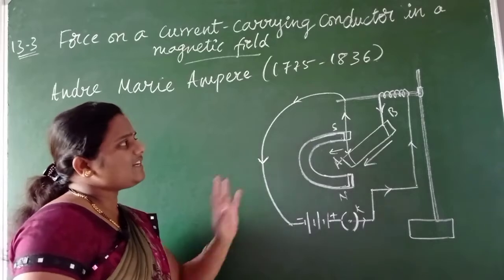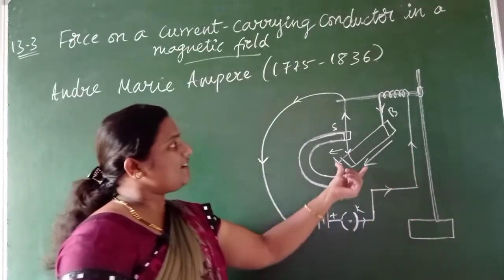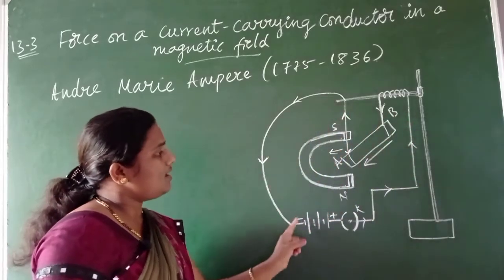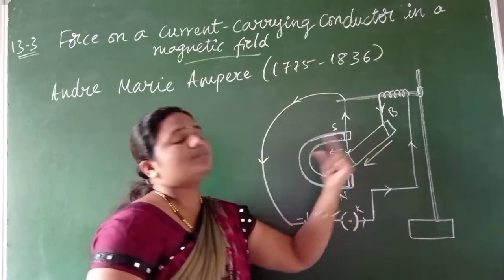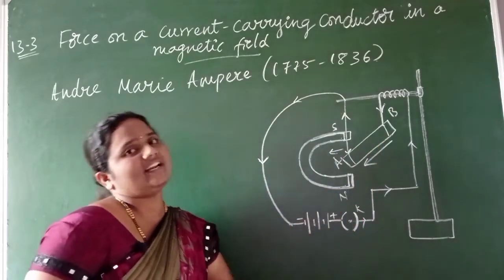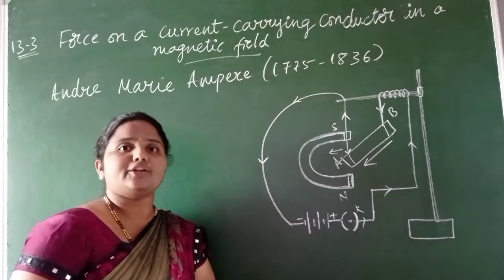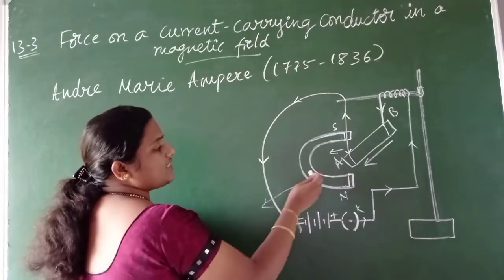The simple things we need, children: a stand, then two connecting wires, this long line indicates the wire over here. Then an aluminium rod nearly 5 centimeters in length we need to take. Then a horseshoe magnet we need to use, isn't it children? This is what we already know. What is this shape?